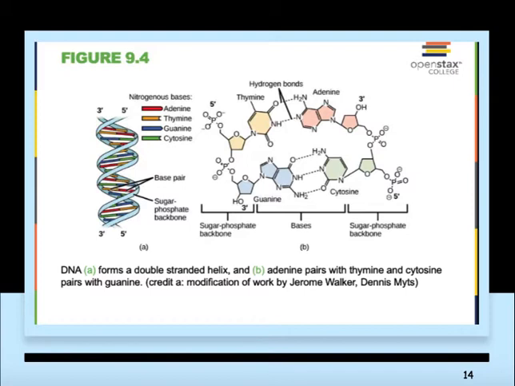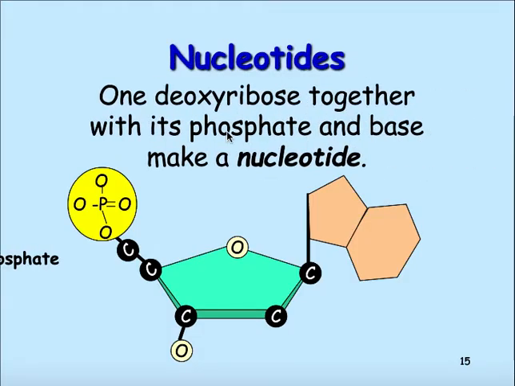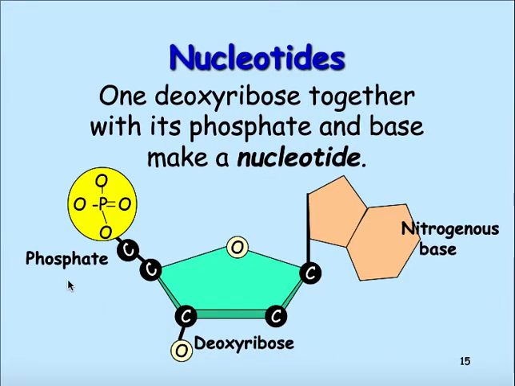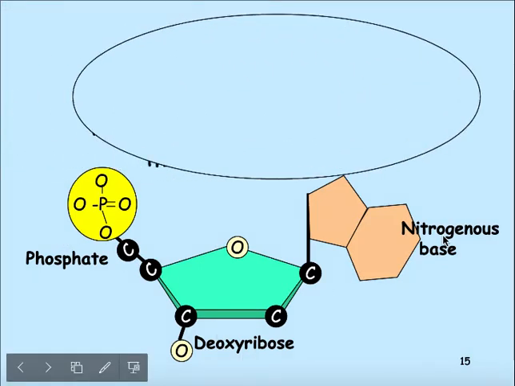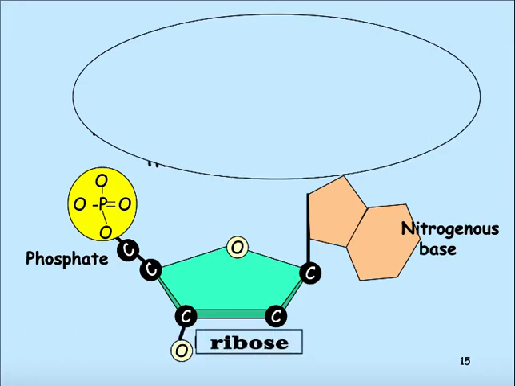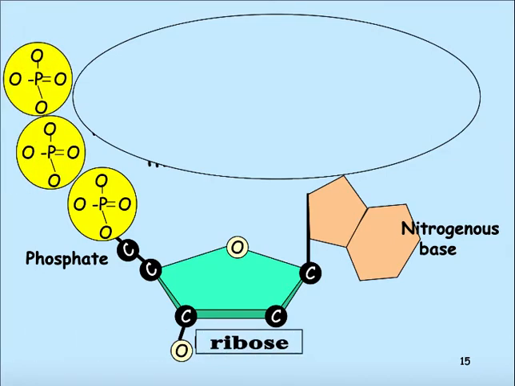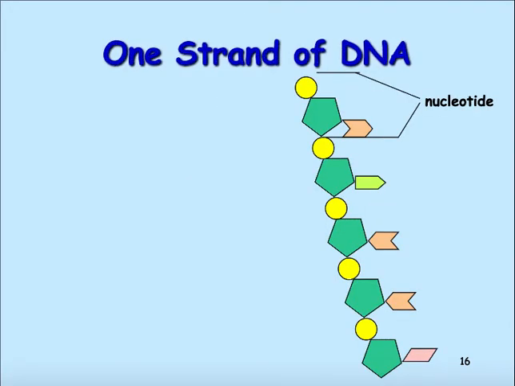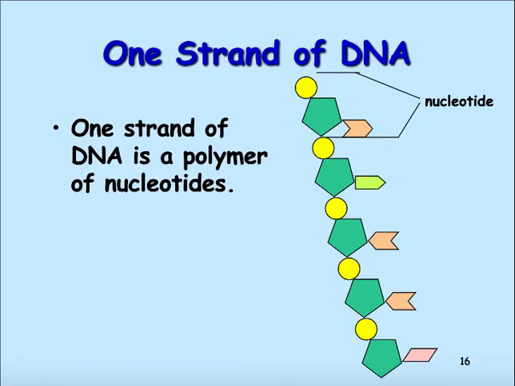So the support sides of the ladder are made up of the sugar and the phosphate, and they alternate all the way up. So that's the phosphate, the deoxyribose, and the nitrogenous base. And if that looks familiar to you, that is because you just change it slightly, and suddenly it is a molecule that we've already talked about called ATP.